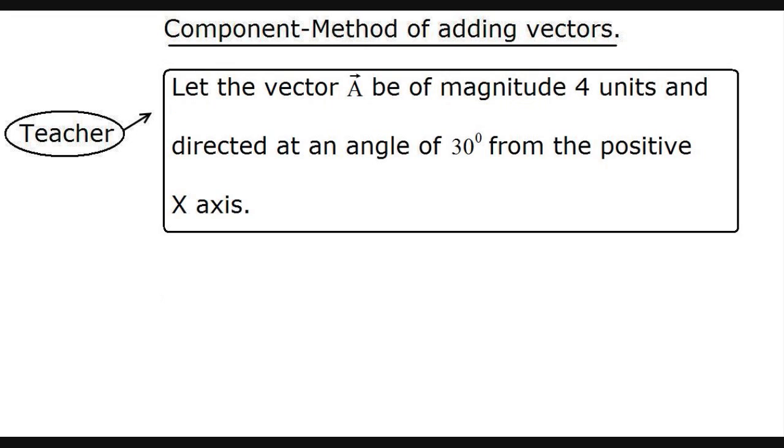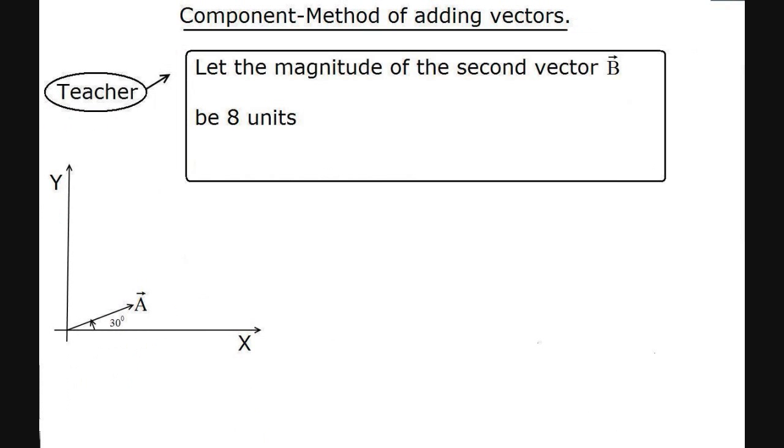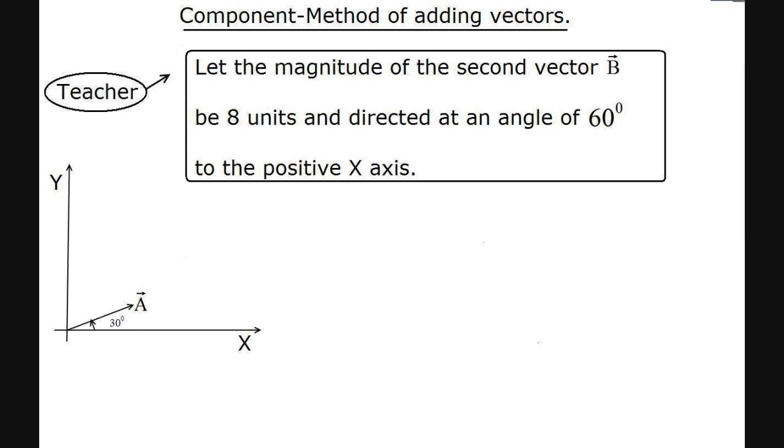Consider two vectors, a bar and b bar. Let the vector a bar be of magnitude 4 units and directed at an angle of 30 degrees from the positive x-axis. Let the magnitude of the second vector b bar be 8 units and directed at an angle of 60 degrees to the positive x-axis.